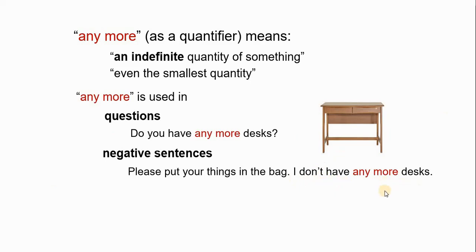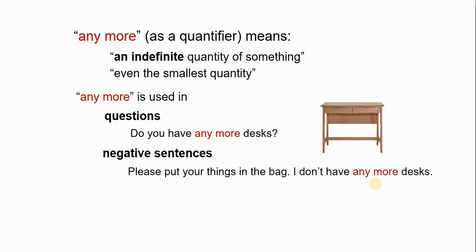So anymore goes before the noun phrase. This means I don't have any extra desk. I don't even have one. Alright? And it's an indefinite quantity.